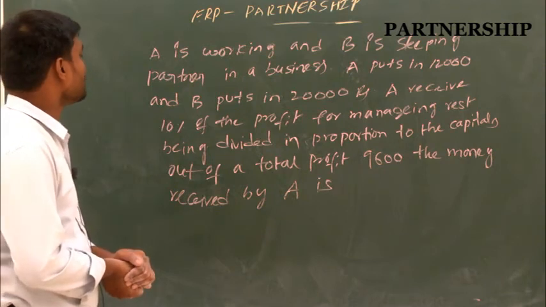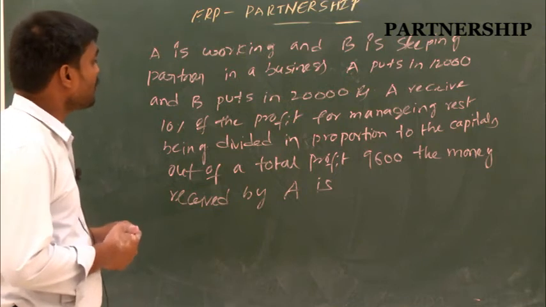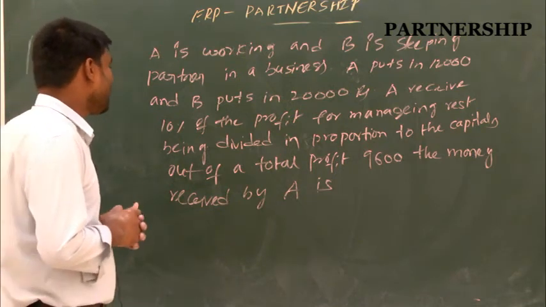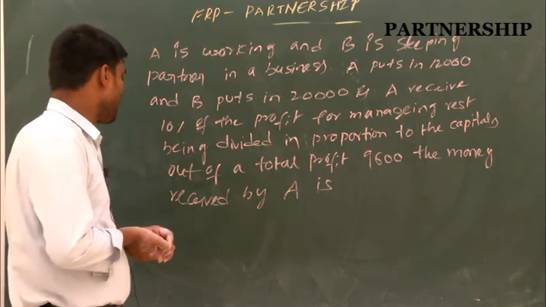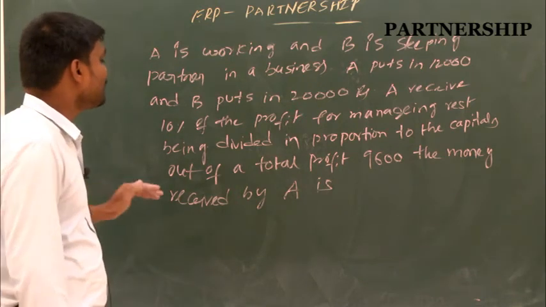A puts in 12,000 and B puts in 20,000 rupees. A receives 10% of the profit for managing, the rest being divided in proportion to the capitals. Out of a total profit of 9,600, the money received by A is?